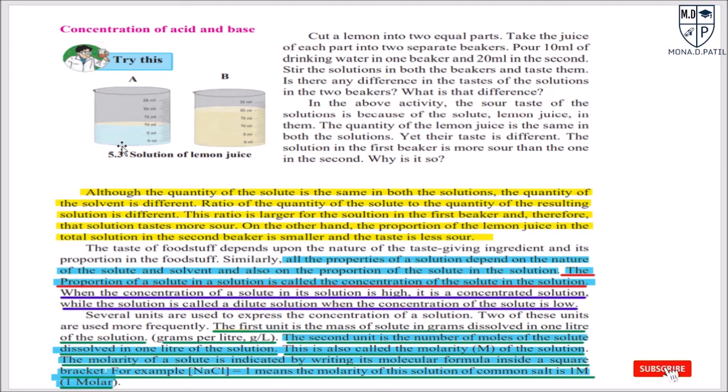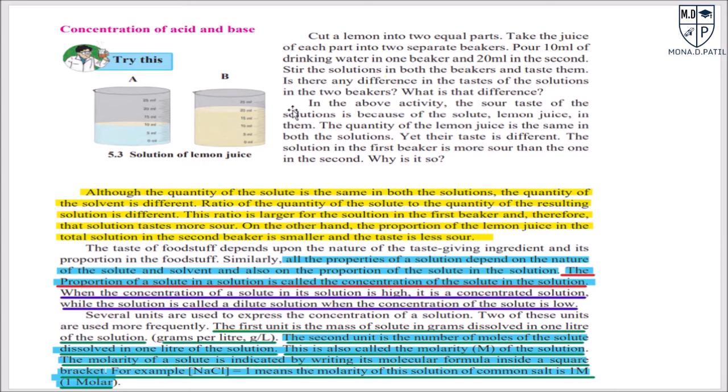Why? The solution in the first beaker is 10 ml, and the solution in beaker B is 20 ml. The solution in the first beaker is more sour than the one in the second.